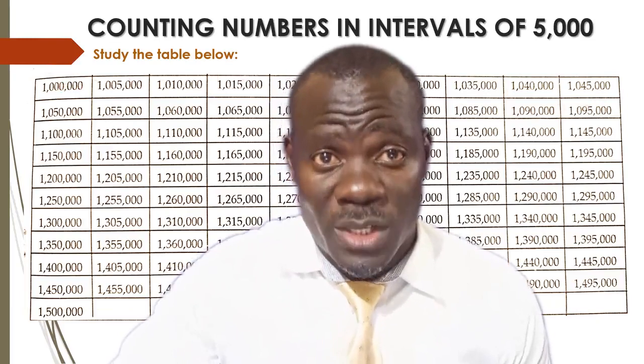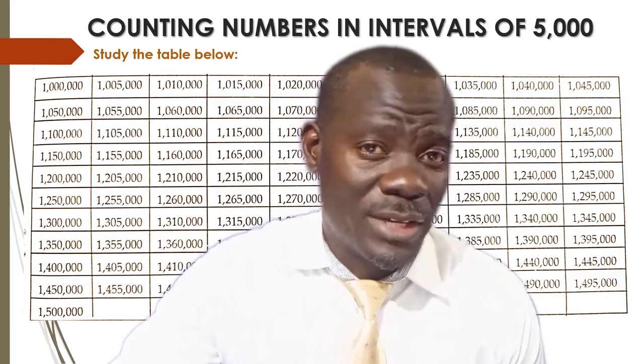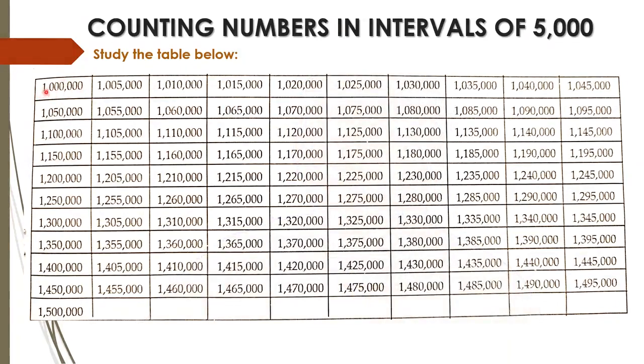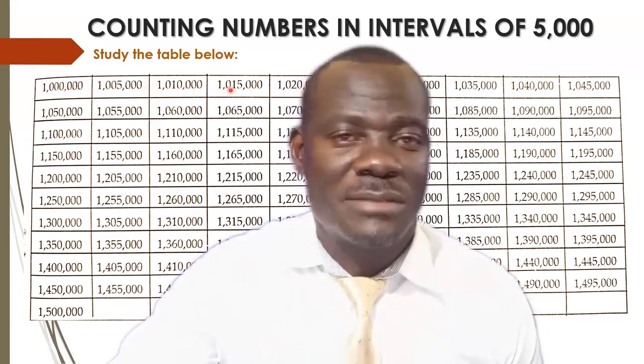In the first row here, we see all these big figures, but we have to find a clue. How are these figures written? If you observe, the first one is 1 million, but the next is 1,005,000. The next, 1,010,000. Then 1,015,000. These first four figures can give you a small clue.